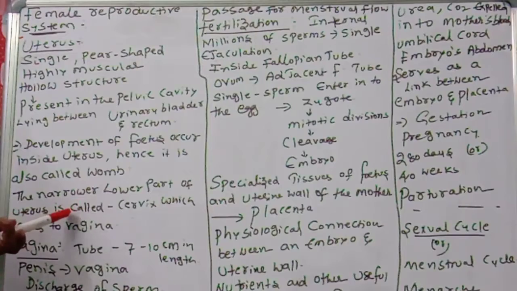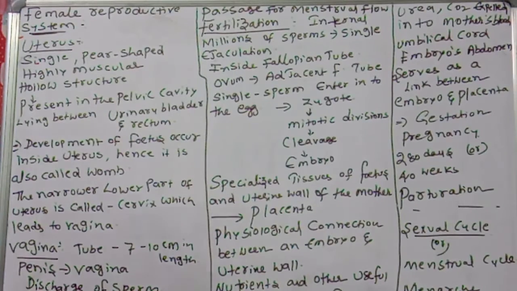The narrower lower part of the uterus is called the cervix, which leads to the vagina. The uterus is very useful for the implantation of the embryo, development of the fetus, formation of the placenta and umbilical cord, and the complete gestation period takes place in the uterus. So the uterus is a very important part of the female reproductive system.